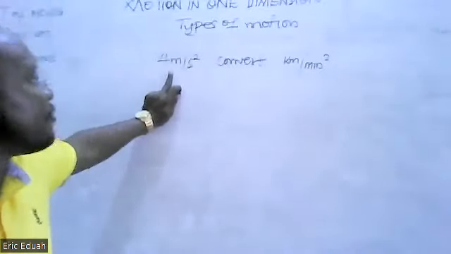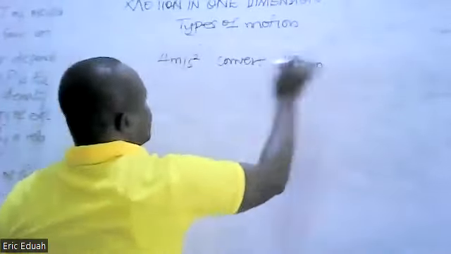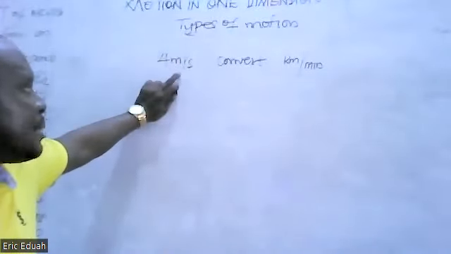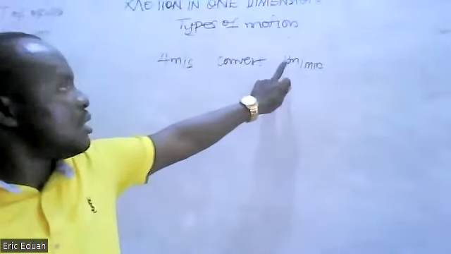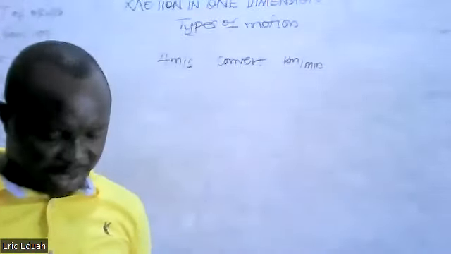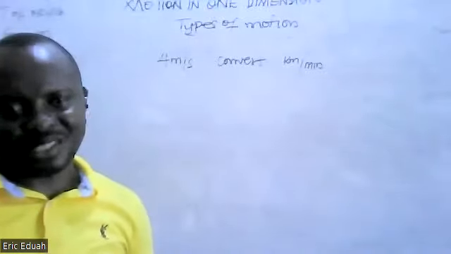An acceleration of, let me give it to you as velocity. You have a velocity of 4 meters per second. You have to convert this to kilometer per minute. Let's see how you go about it. Start work.